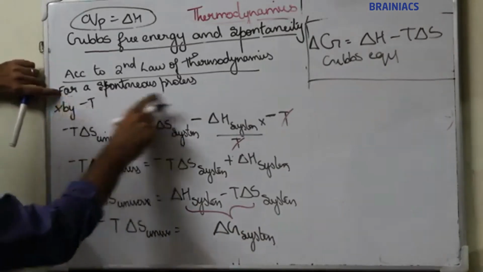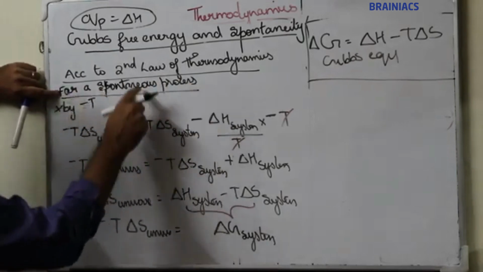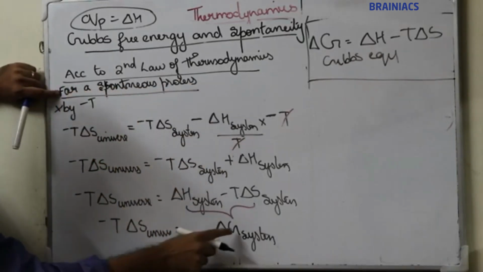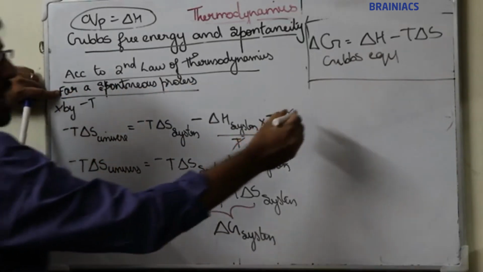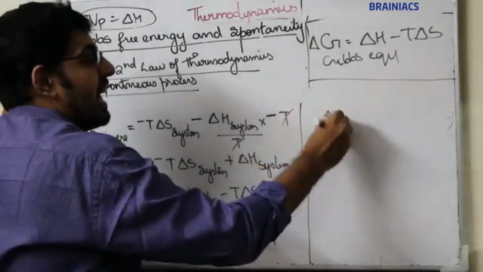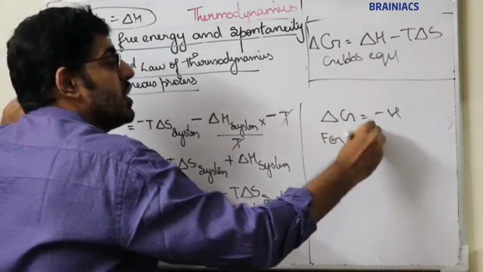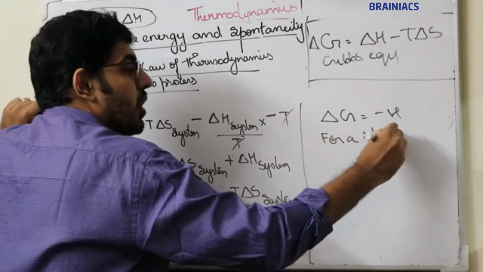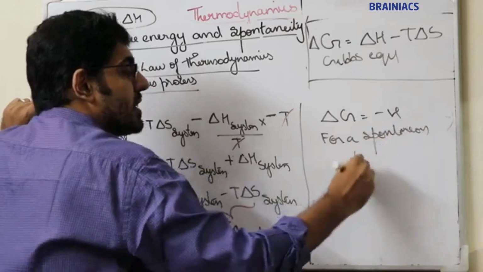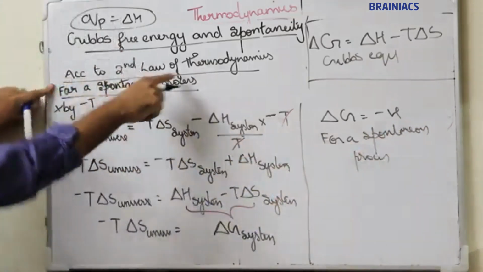That is, for a spontaneous process, delta G is equal to minus T delta S universe, or we can write delta G is negative for a spontaneous process. We started from here.